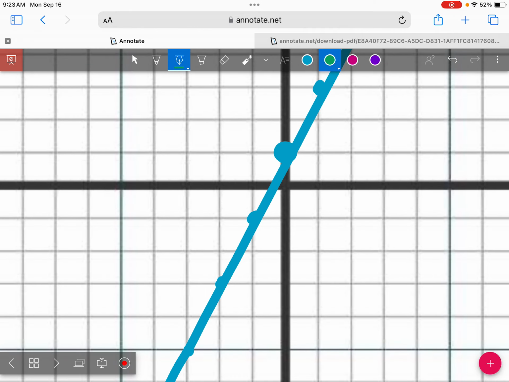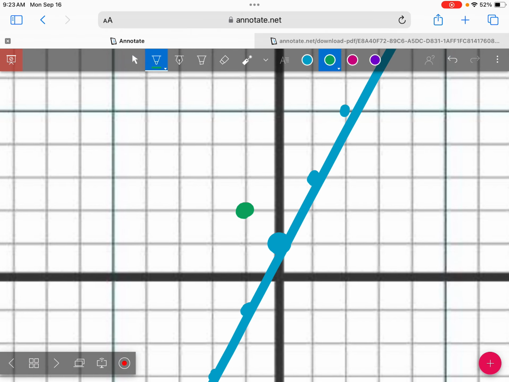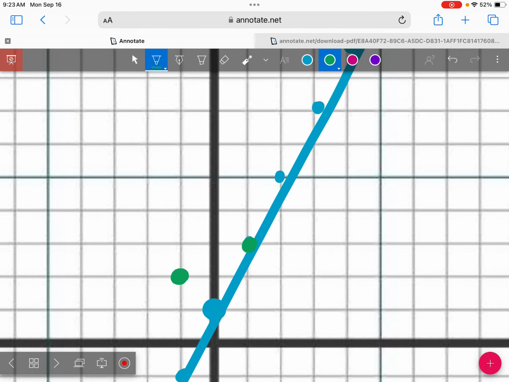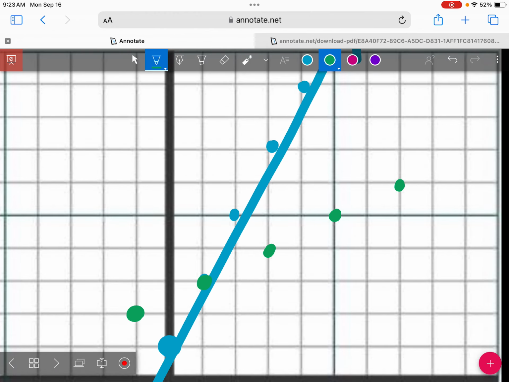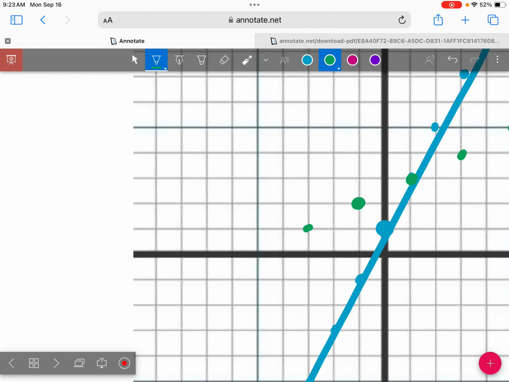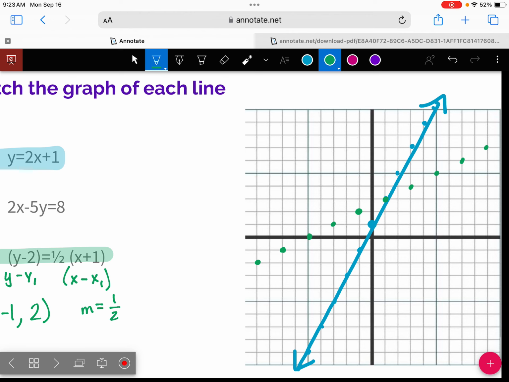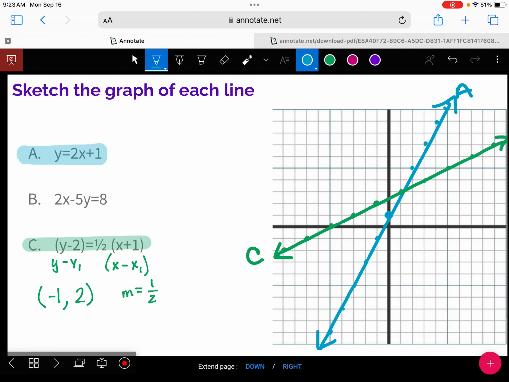So my starting point is at -1, 2, right there. And we have our up 1 over 2, or down 1, left 2. That one is C. This one is A. And let's figure out what we can do for B.